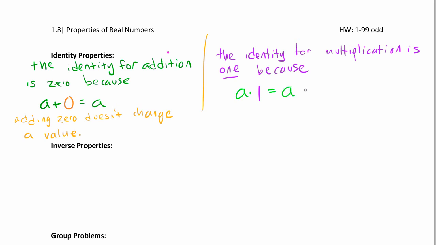So multiplying by 1 doesn't change anything. Multiplying by 1 doesn't change a value.